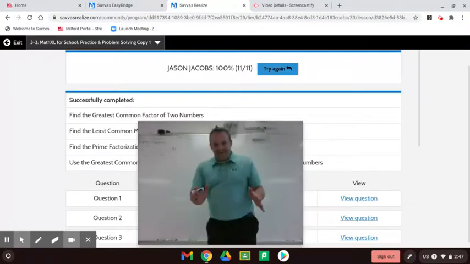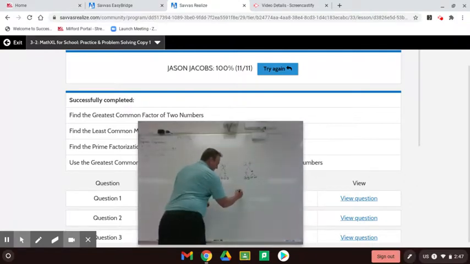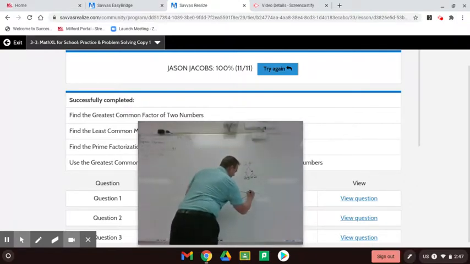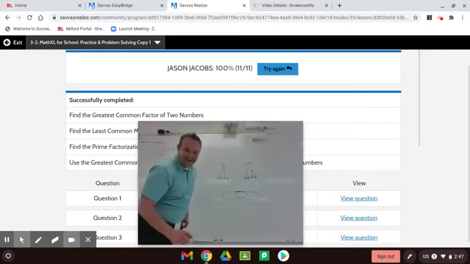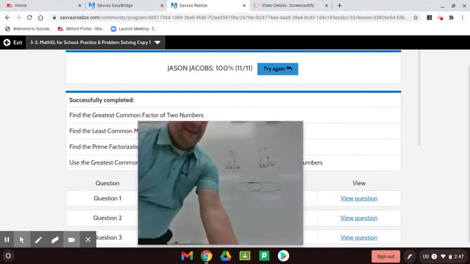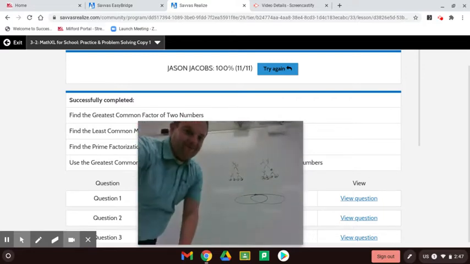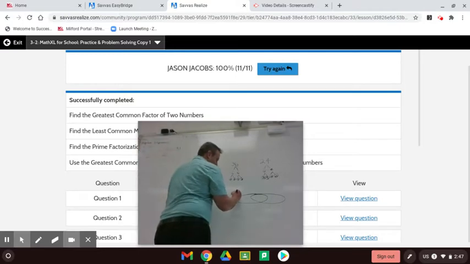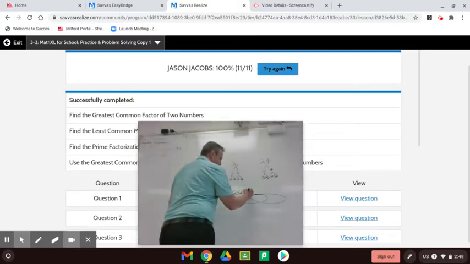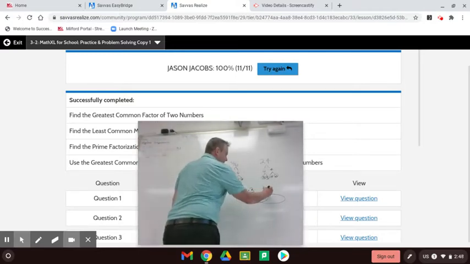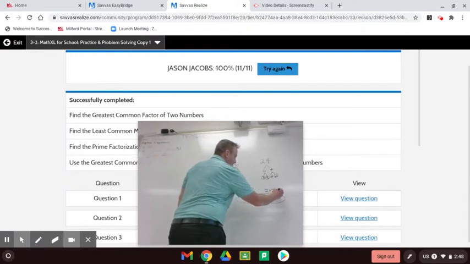And then here's the Venn diagram I was telling you about. See, I'm pretty good at it when I'm doing it on the board. Hope you can see this okay, guys. And then 2 times 2 times 3 times 3, and then 2 times 2 times 2 times 3.